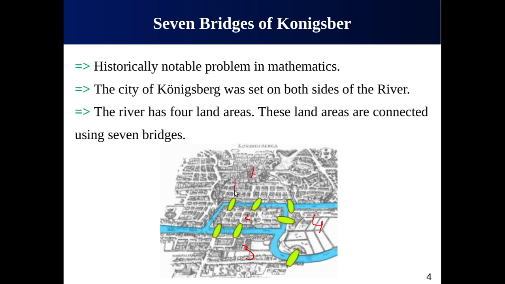I start from here. I visited this land. Okay, I visited second land. Now I want to visit third land, and then I want to visit fourth land. I'm done. Now what I need to do, I need to return to the starting point, which is 1.